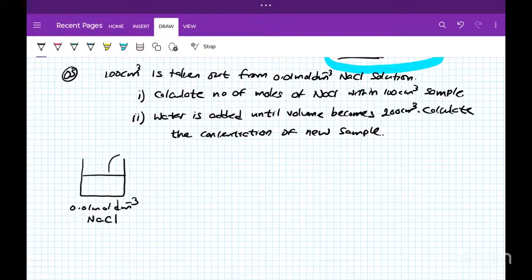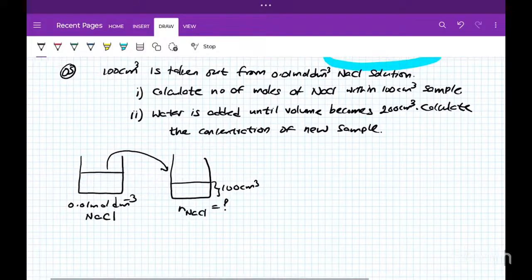So what you do is you take out 100 cubic centimeters of this sample, and we have been asked how many moles of sodium chloride will be in this sample. So this is our question.